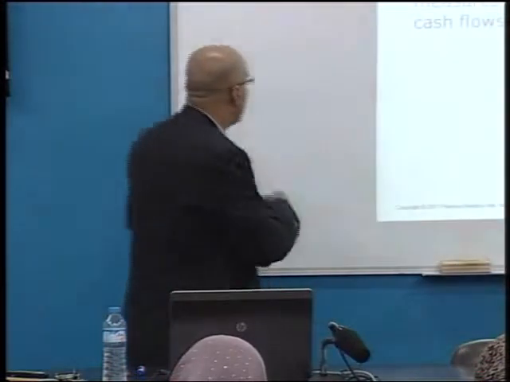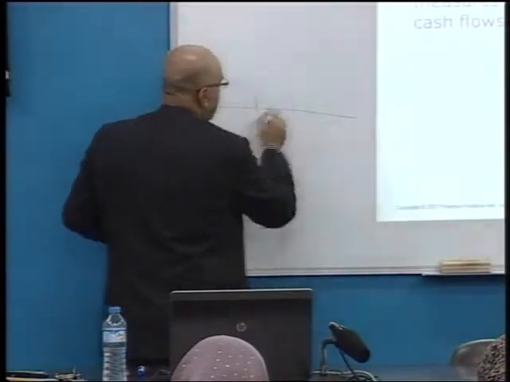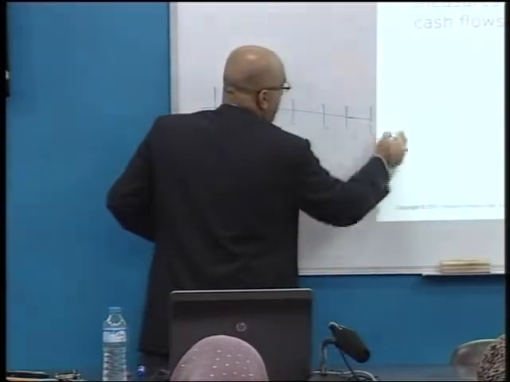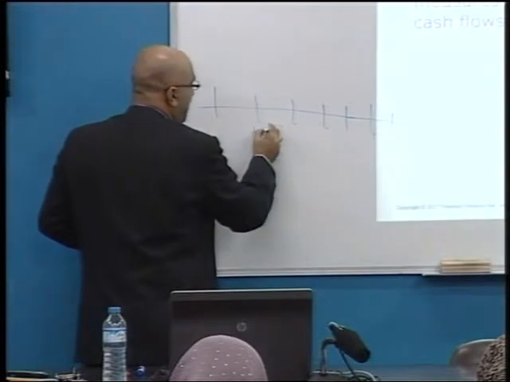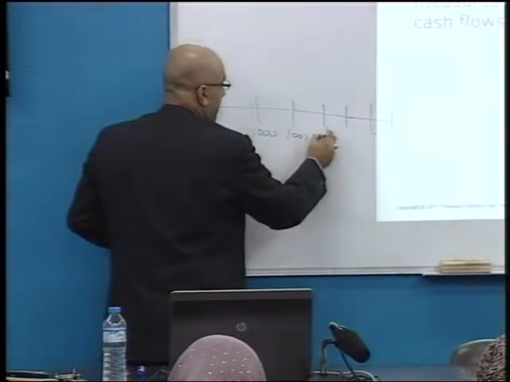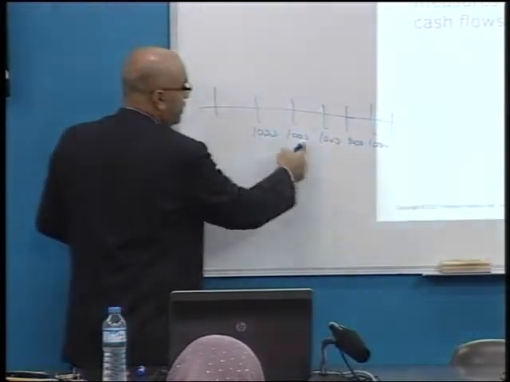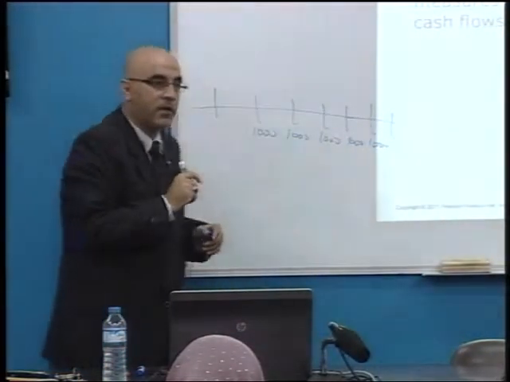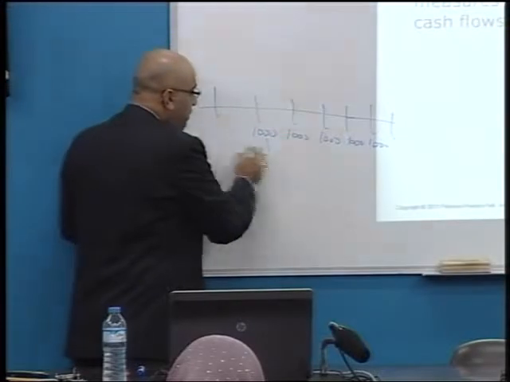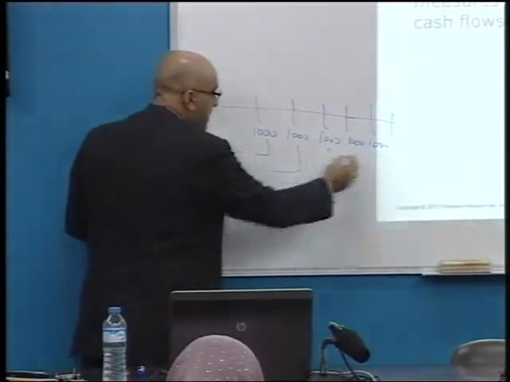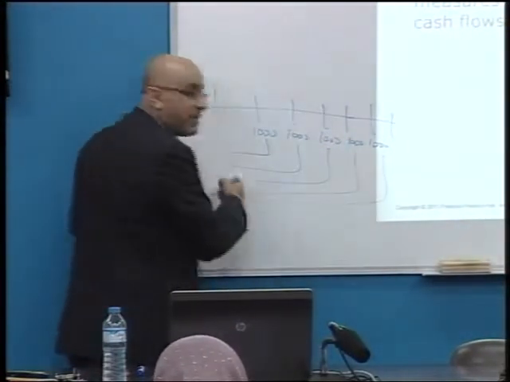And these future cash payments are coming regularly. So for instance, receiving $1,000 each year for 5 years. Okay? So 1, 2, 3, 4, 5 years. So I'm going to calculate the present value of these regular payments.